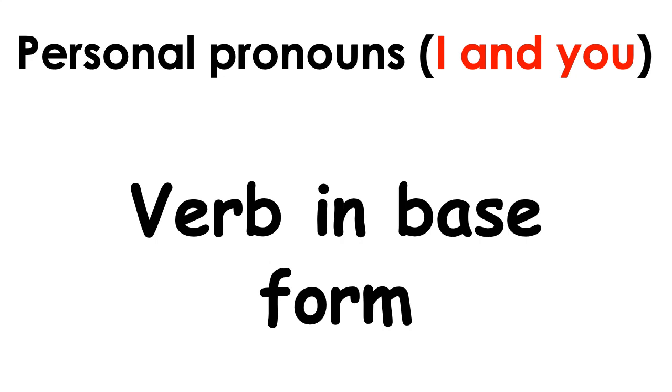Untuk I dengan you, walaupun dia dalam singular form, singular subject, okay, subjek dia satu, saya dengan kamu seorang, tapi kata kerja yang di belakang I dengan you tu mesti dalam original form. Okay, tak boleh ada apa-apa imbuhan. Alright? Ini perlu ingat. I dengan you.